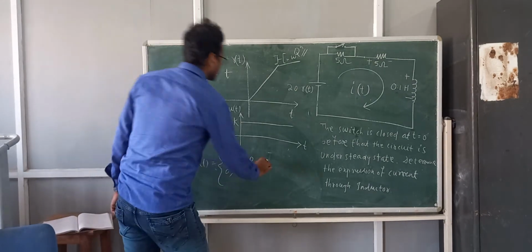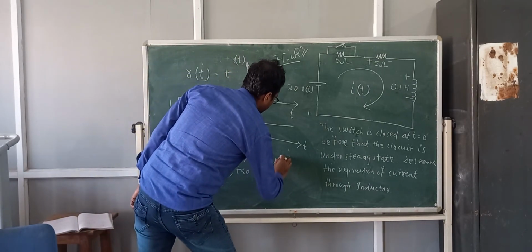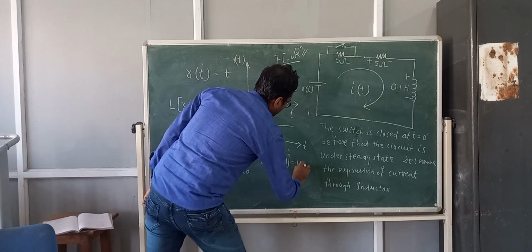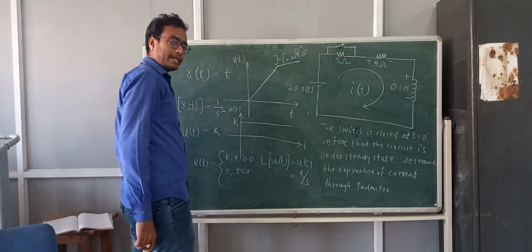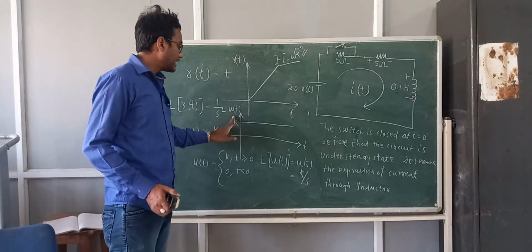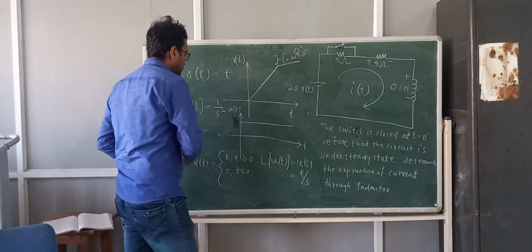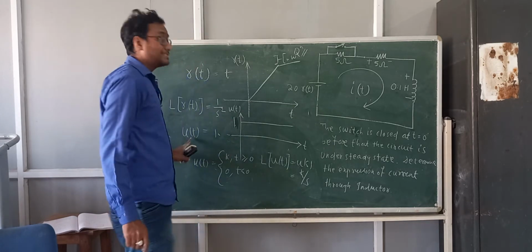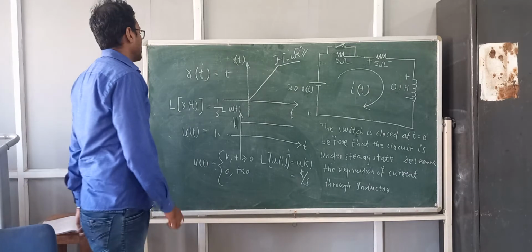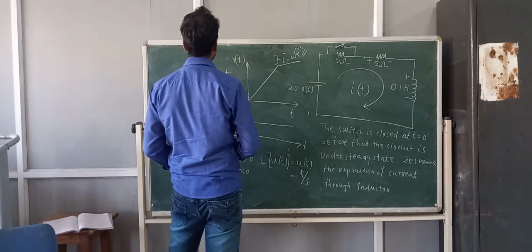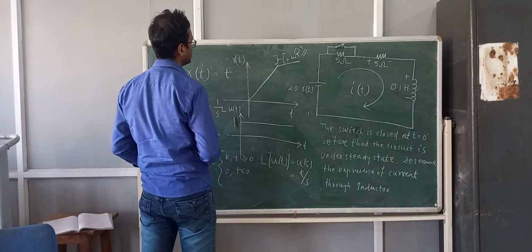So what is the Laplace transformation of u(t)? Laplace transformation of u(t) is U(s) equals to k divided by s. Suppose this k is 1, then I can say that this is a unit step input.